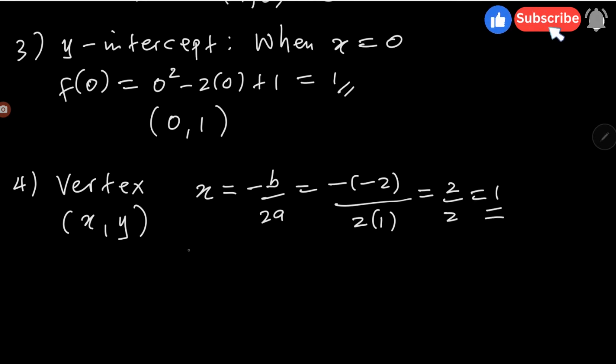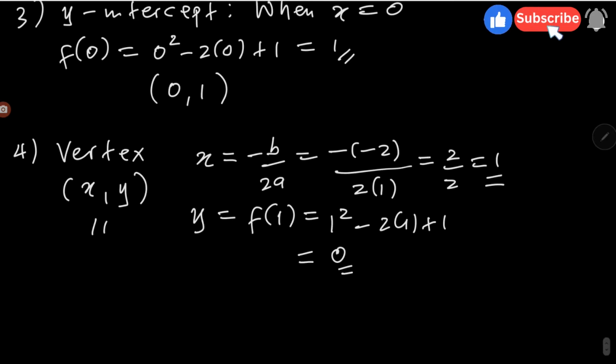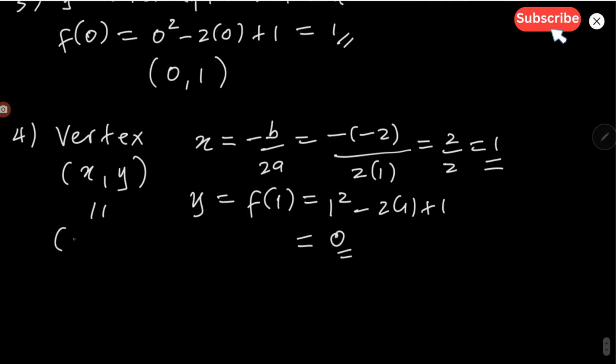And then our y is f at minus b over 2a, which is f at this value. In this case it's 1, and this will be equal to 1 squared minus 2 times 1 plus 1, and this will give us 2 minus 2, which is 0. So this will in the end be x, which is 1, comma y, which is 0.